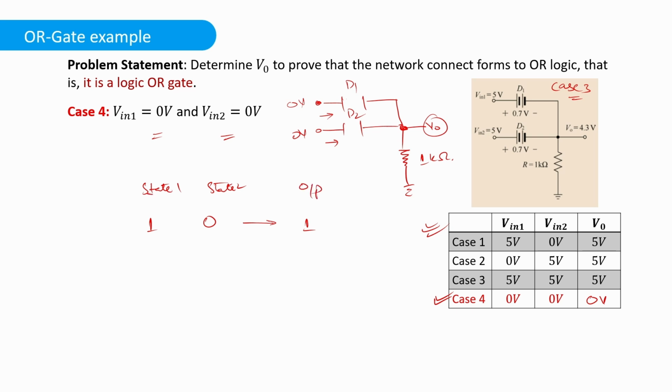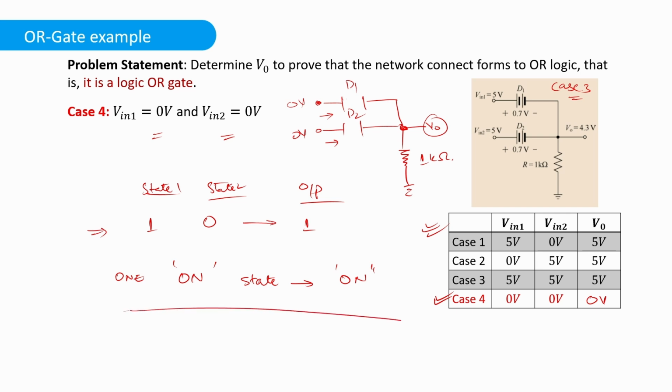When we have this kind of result, we call it OR operation. In simple words, whenever we have only one on state, remember this, the result will always be on. Okay, this is for OR logic.